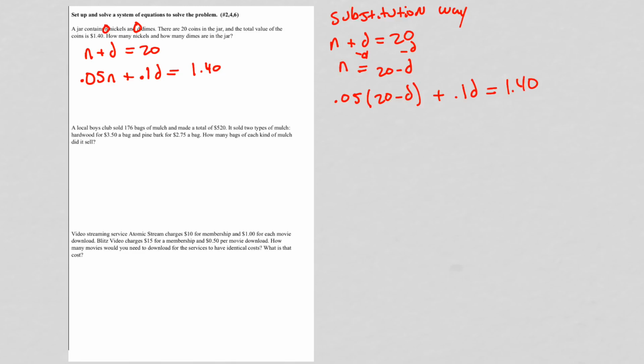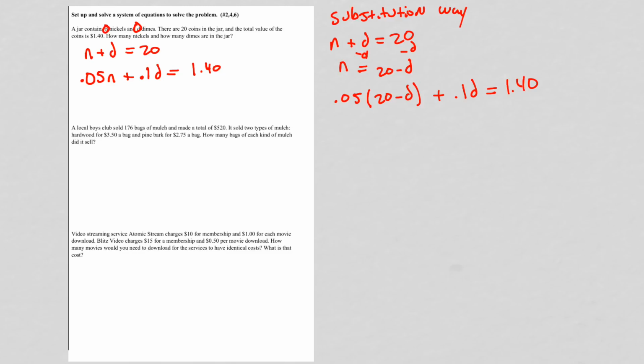Now, this way is kind of fraught with a few problems, particularly because I know most students are not the best at decimals and not the best at fractions. But if you perform the math correctly, you should still get the correct answer. So let's figure out 0.05 times 20.